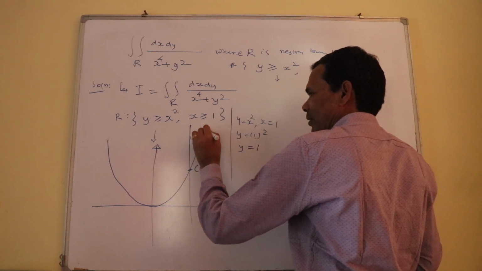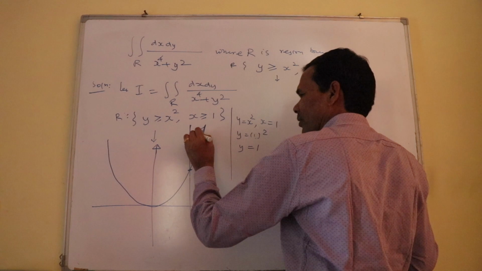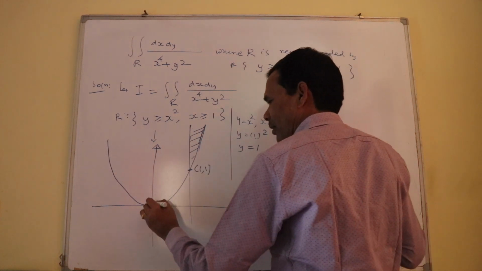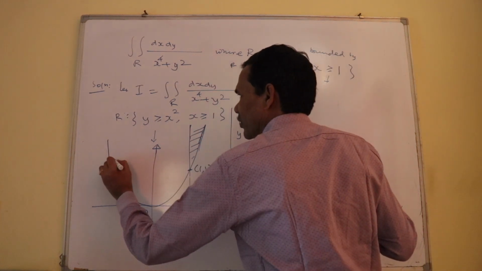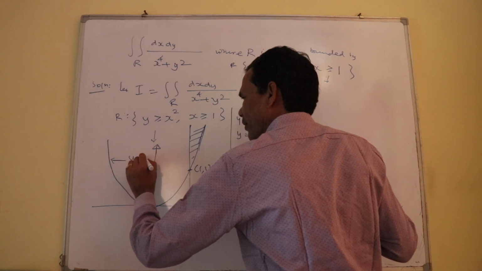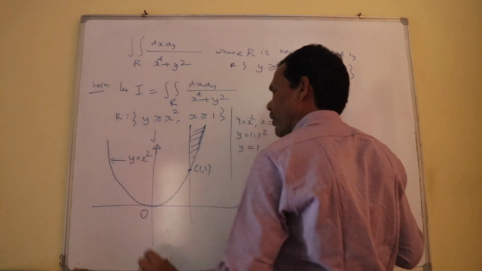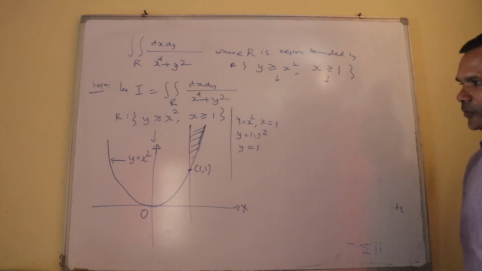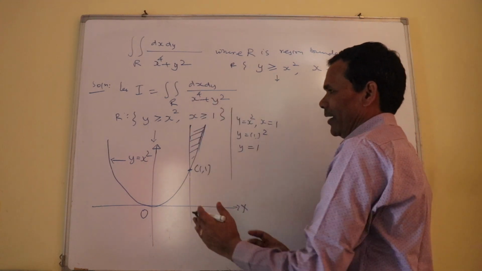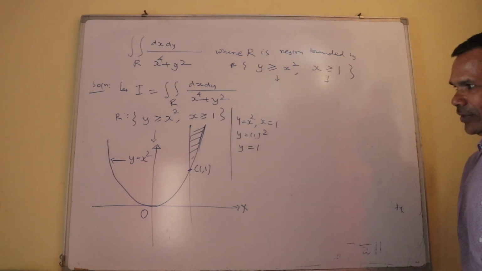So this is the region bounded by this. So this would be the region, and this is the origin. This is y is equal to x square, y greater than x square. So this is the region bounded by the straight line and the parabola.